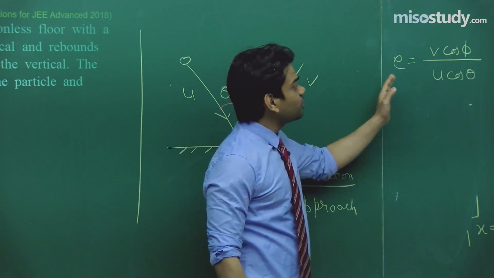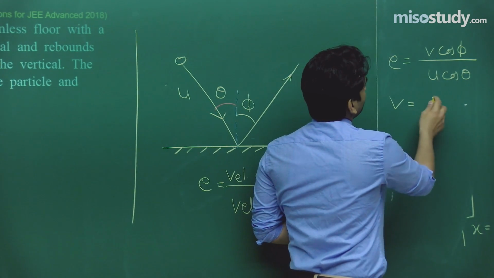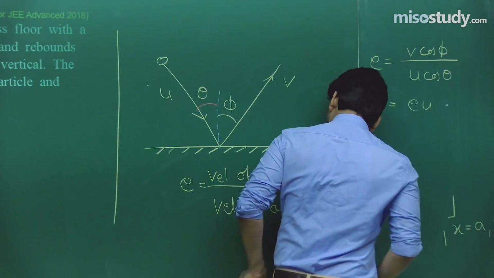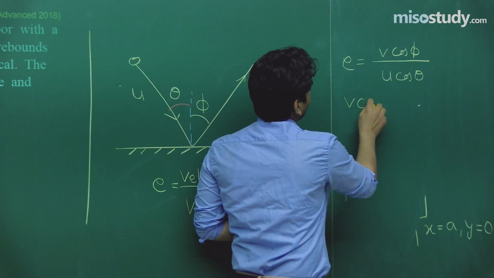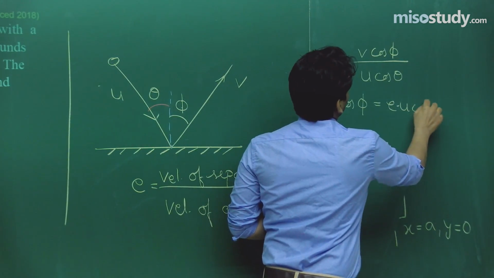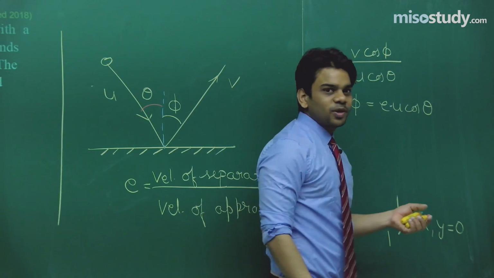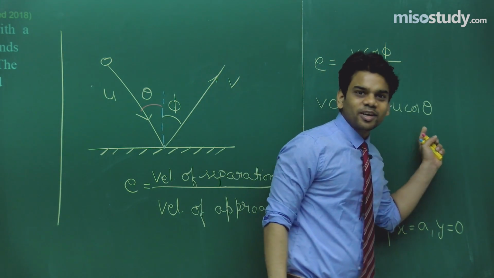Now we have written down this relation, so we can write v cos phi is equal to E u cos theta. That's quite simple, quite obvious. So you take note till here. I'll start from the other end of the board.